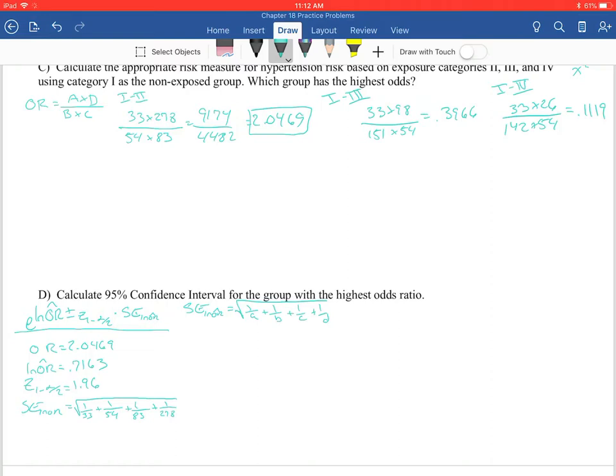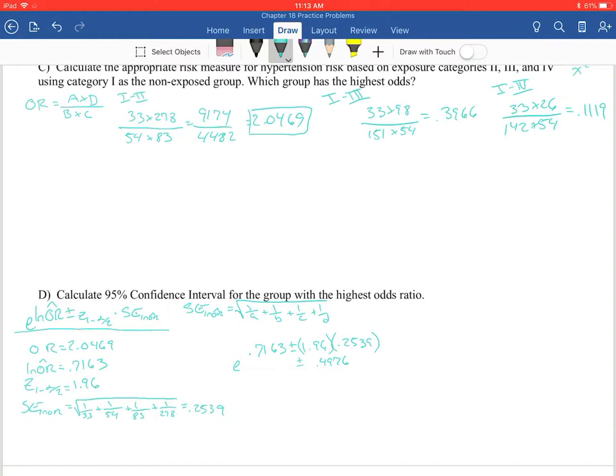Our z value for 95% confidence is 1.96, and then our standard error for the LNOR is written out like this. When you take the square root of all the fractions here, you get a value of 0.2539. Putting this all together, your formula is going to look like this: 0.7163 plus or minus 1.96 times 0.2539, and this is all to the e power.